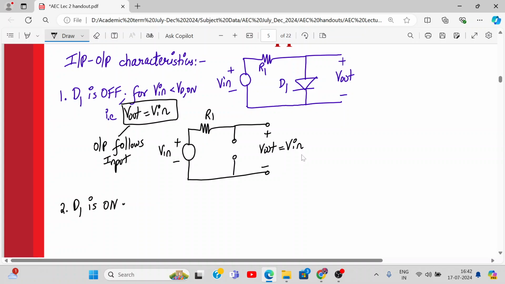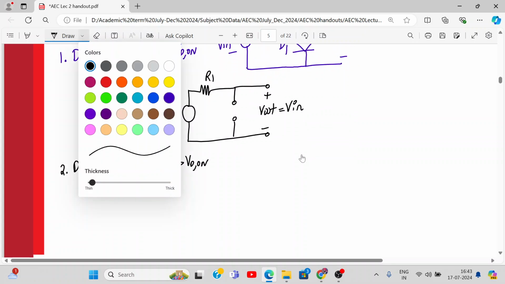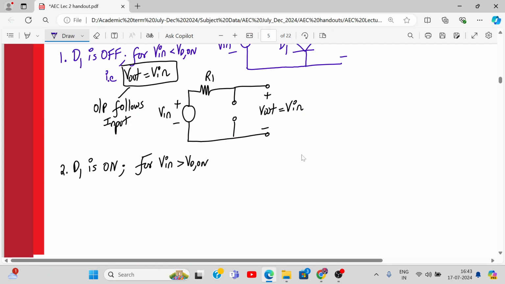Okay. Now second case, diode D1 is on. What is the condition for diode D1 to be on? For V in greater than VD on. Yes or no? So for this case also I need to draw the equivalent circuit. How will it look? Diode D1 is on, so I'll replace the diode with a battery and a short circuit.